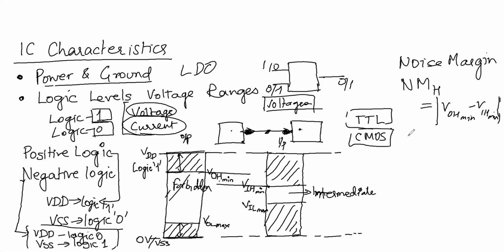Similarly, the second noise margin is NML, which is equal to VOL max minus VIL max. Is that clear to everyone? So this here is the noise margin.